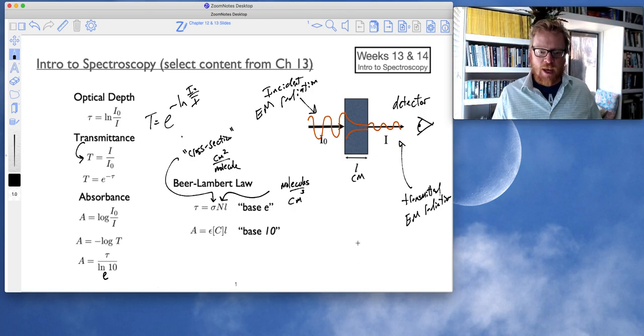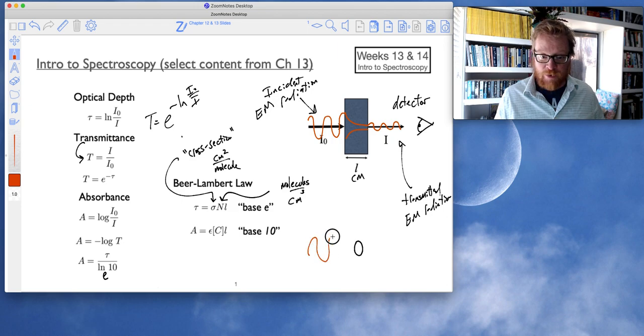A small cross section will lead to not very much light being absorbed. If I imagine a wave coming in through here and I've got a small cross section, then I'm going to be able to transmit through the other side.